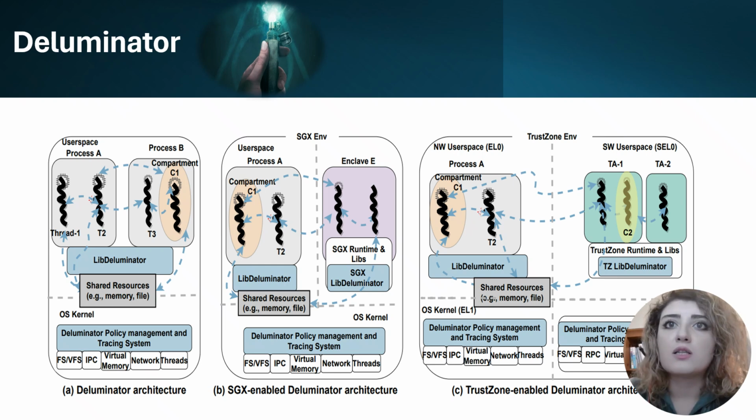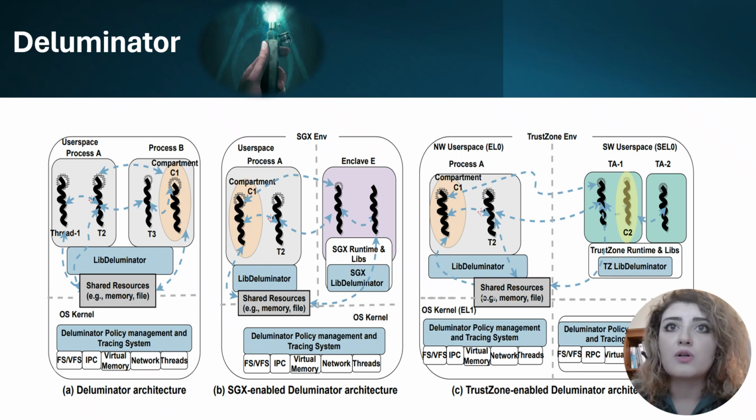These are the main systems objects that need to be monitored. A lot of attack vectors in the end are related to one or multiple of these objects, and we have Deluminator enabled on Linux, in different layers of abstraction.